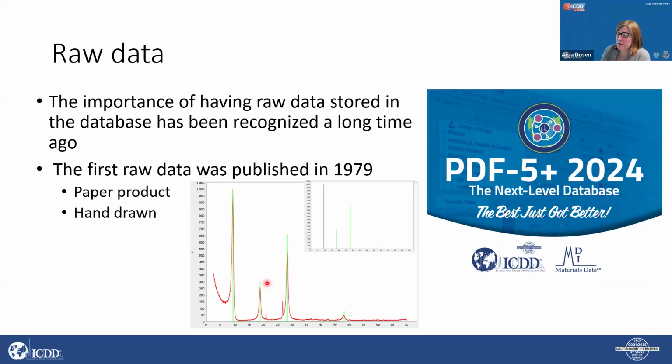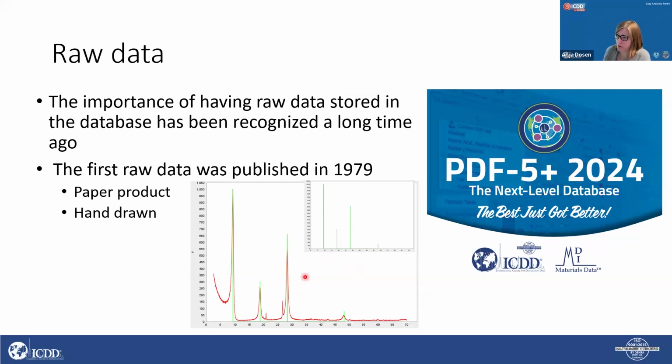So the importance of having raw data stored in the database has been recognized a long time ago. This here is an example of the same clay sample with raw data and without raw data. This here is what we call a DI list, a list of D-spacing and intensities.